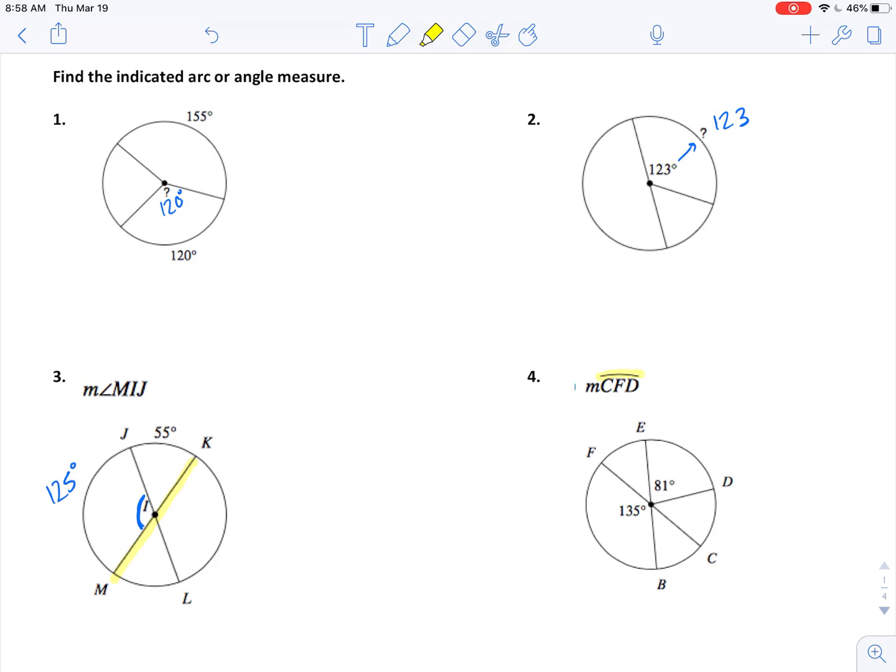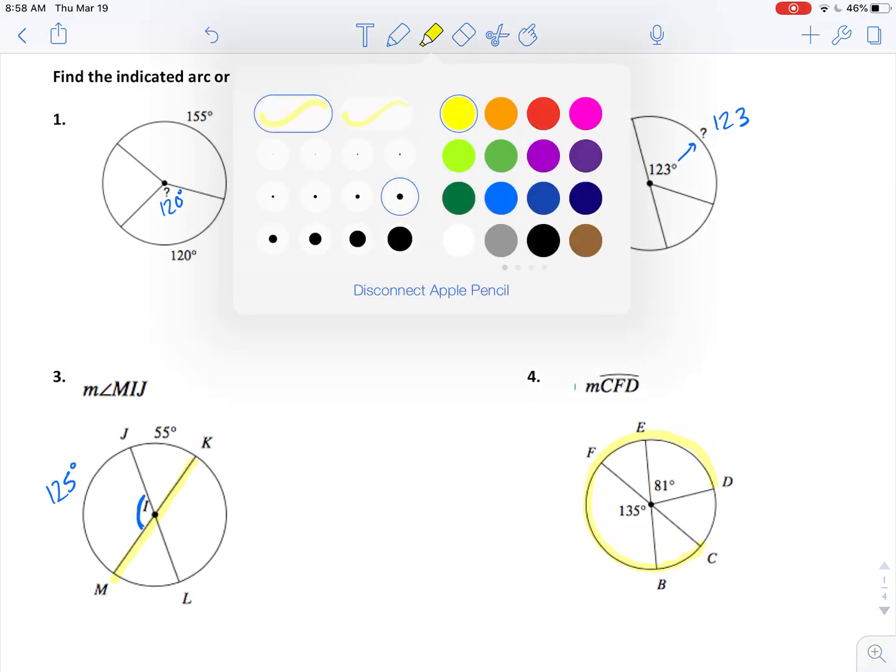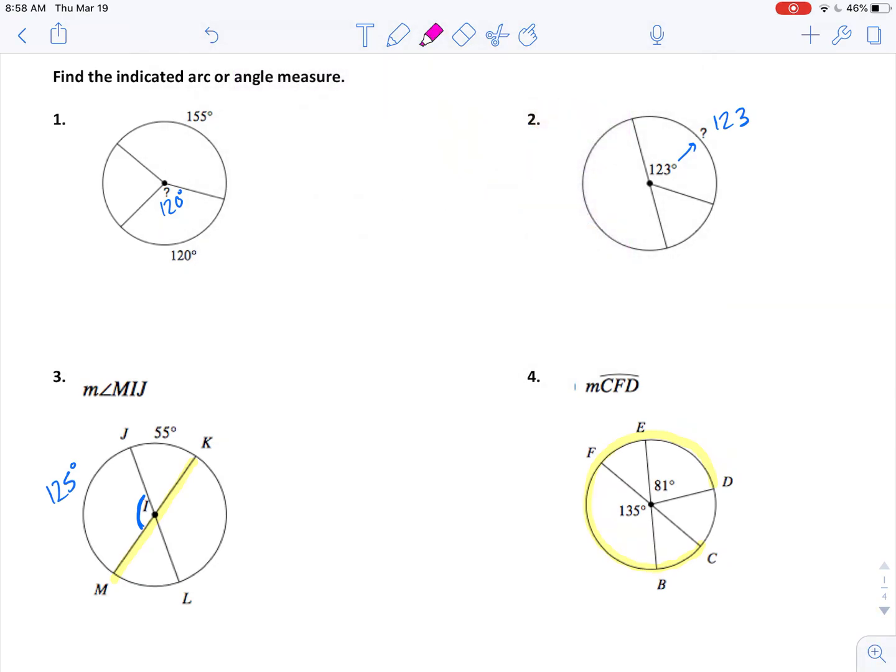All right. Now this, again, this means arc. So they want us to find the measure of arc C, we got to go around to F, then we got to go around to D. Okay.